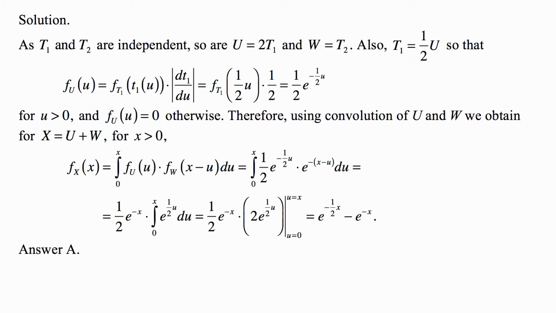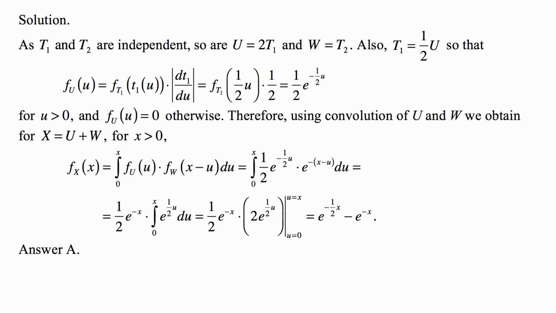So we are told that T1 and T2 are independent, and then U equal to 2T1 and W equal to T2 are also independent. T1 can be written as 1/2 of U, so that f sub U of u is equal to f sub T1 of T1 corresponding to u times the derivative of the inverse of this transformation, T1 expressed in terms of U, which is 1/2 u.